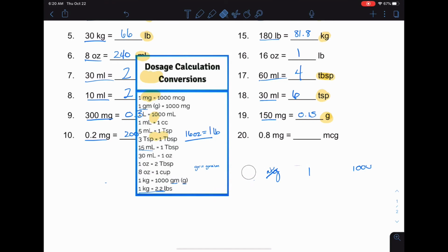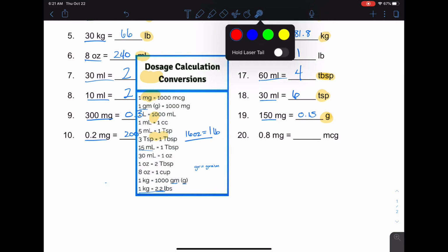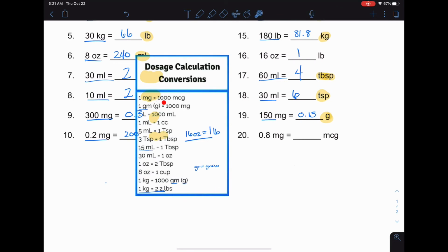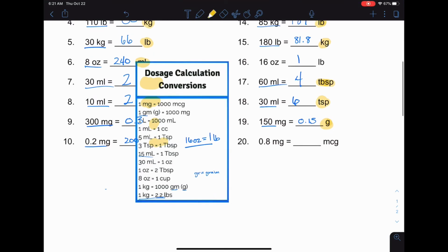The last one, number 20, 0.8 milligrams equals how many micrograms? We'll see we've got a conversion right here of 1 milligram is equal to 1,000 micrograms. So we are working towards micrograms. We'll put that up top. So 1,000 micrograms is equal to 1 milligram.